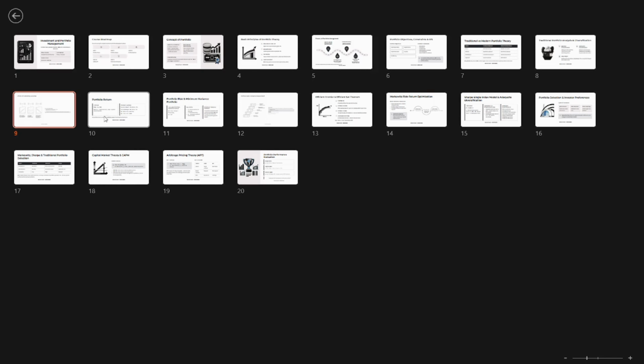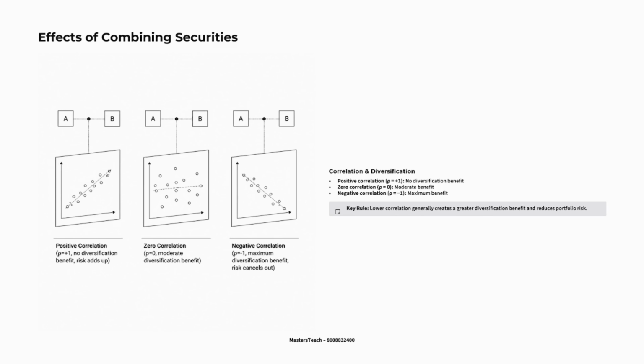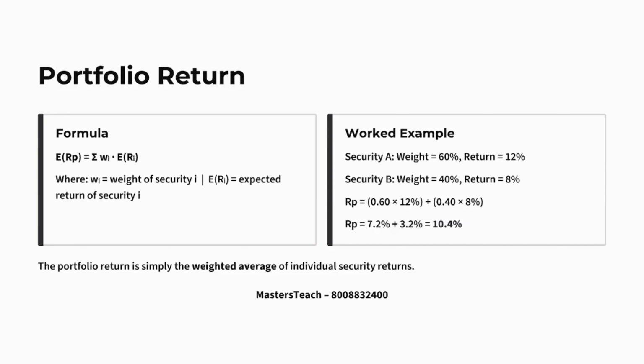Okay, then we'll check the next. It's the effects of combining securities. Then go to the portfolio return. This is the formula: E(Rp) equals summation of Wi into E(Ri), where Wi is the weight of security i, and E(Ri) is the expected return of security i.